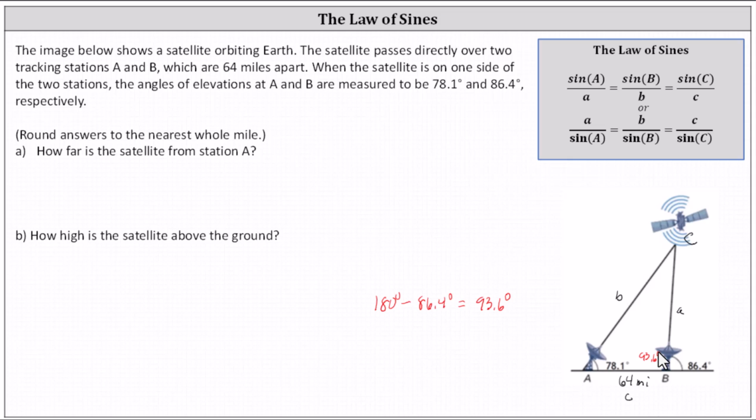And now because we have two of the three interior angles, we can find angle C by taking 180 degrees and then subtracting the sum of the other two interior angles. So 180 degrees minus the sum of 78.1 degrees and 93.6 degrees equals 8.3 degrees.